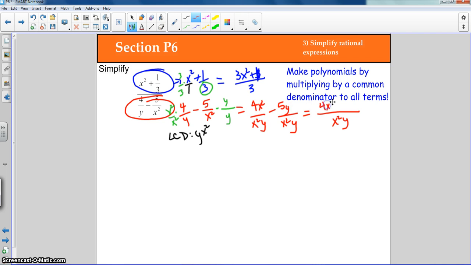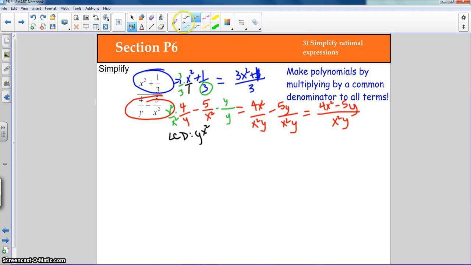So 4x squared, keep the operation in between, minus 5y. Okay. So I found the common denominator for the numerator on top of the big bar, and I found the common denominator and simplified this rational expression below the big bar.